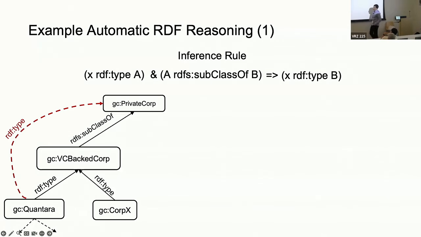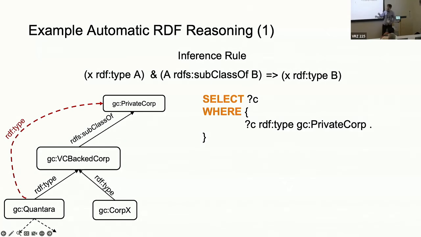So even though you have not encoded the triple saying Quantara is a type of private corporation, systems can automatically infer this. If you ask, for example, give me all private corporations, you're asking for a triple of RDF type private corporation, and there's none of it here. Private corporation appears only as a subclass of, it doesn't have an RDF type.